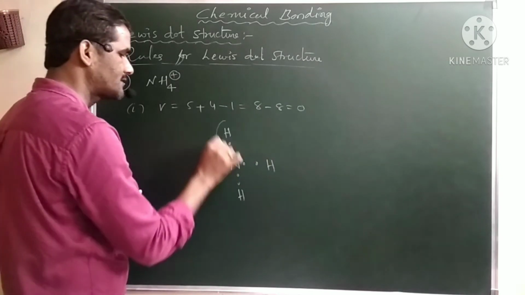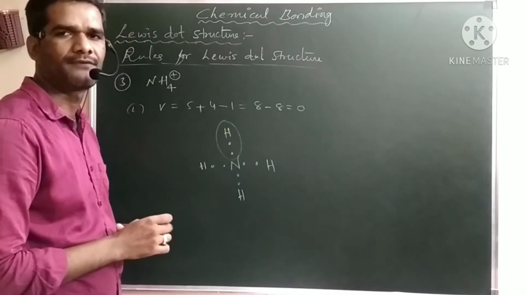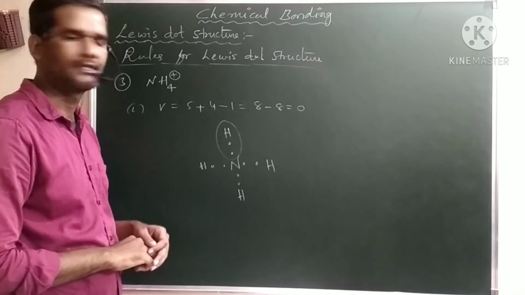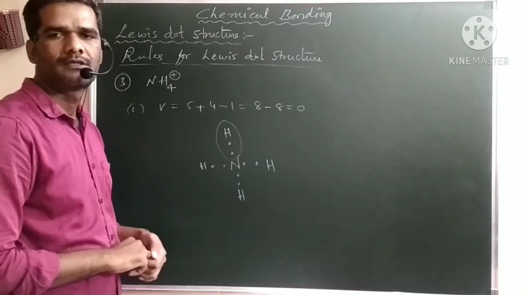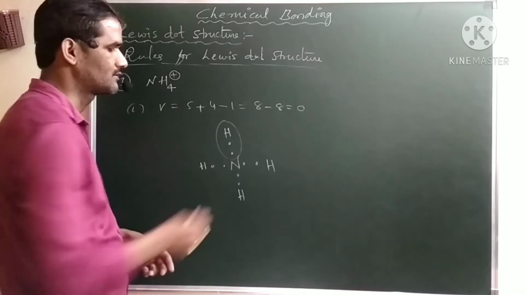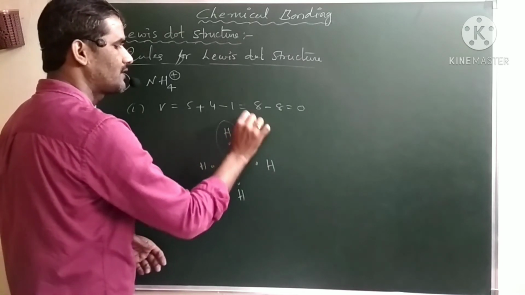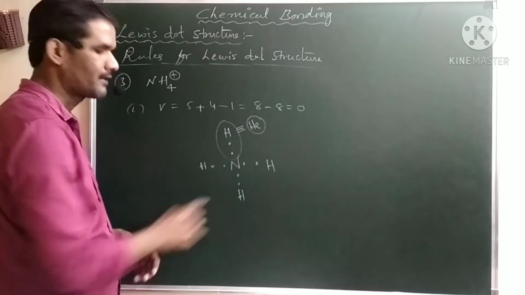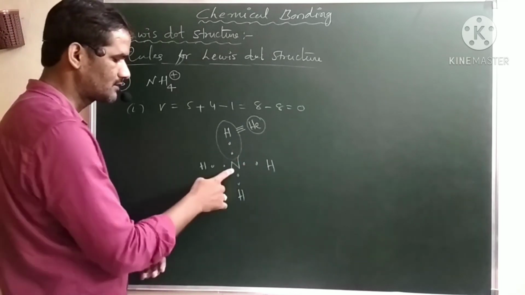For hydrogen, the octet is a duplet configuration, not an octet. So 2 electrons are enough in the valence shell to get the stable configuration, because it is equivalent to the helium configuration. So 2 electrons enough, and here also this hydrogen 2 electrons, this 2 and this 2.